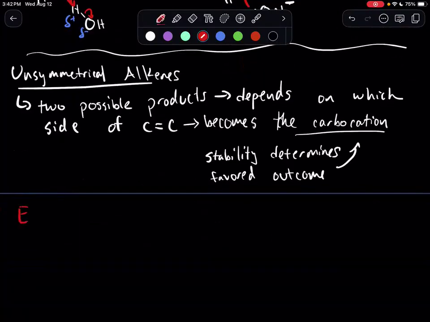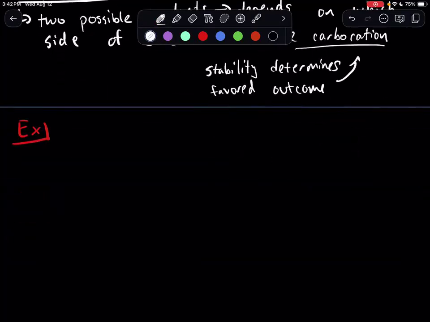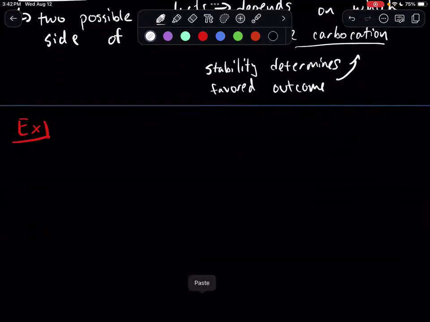So let's look at an example here. If I start with let's say, prop-1-ene, or sorry, just propene, we don't really have to dictate where that is. We can look at CH3 bonded to C, double bonded to C, H, H, and I'm going to kind of ignore bond angles right now.